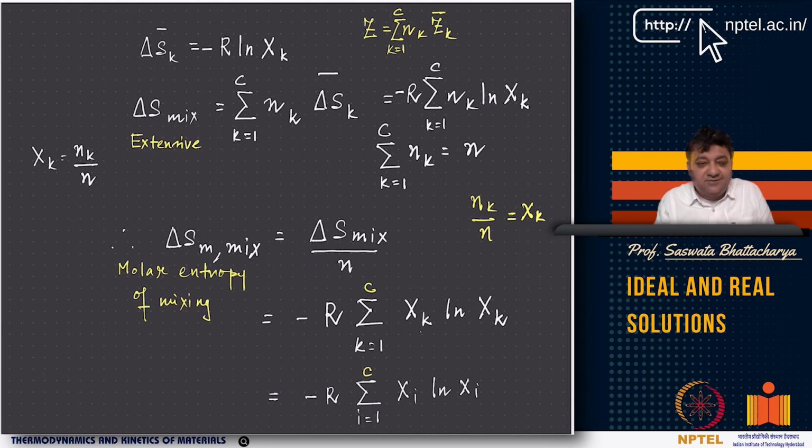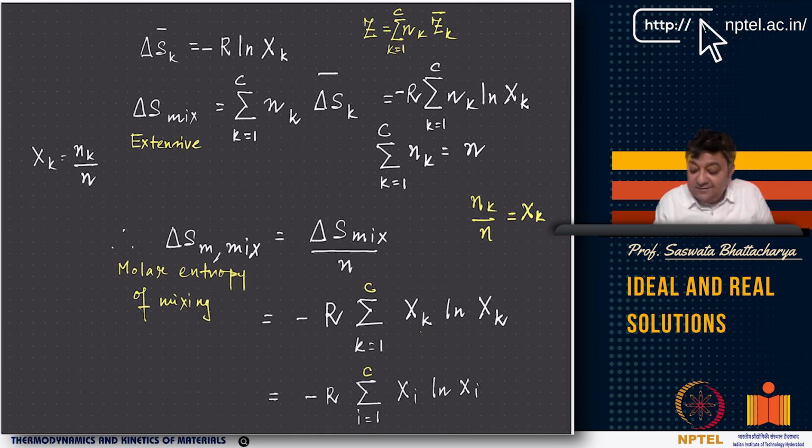That is what we assume for ideal mixing. So ideal mixing means no interaction between the atoms. Each component acts as if it is occupying the entire volume.